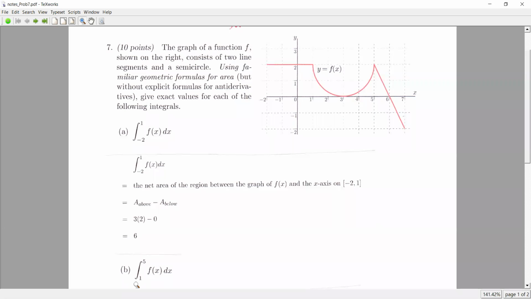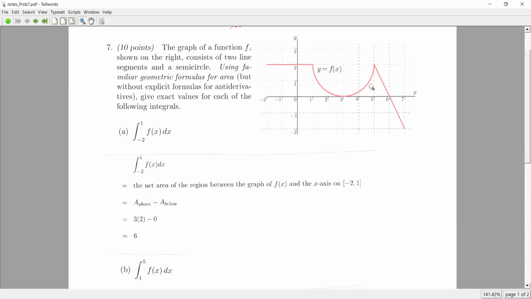Part B. Find this integral from 1 to 5. This integral is the net area of the region under the semicircle, above the x-axis, and between 1 and 5. This region has no part below the x-axis, so the area below is 0.